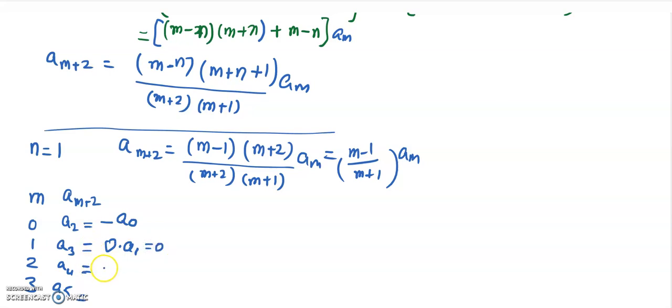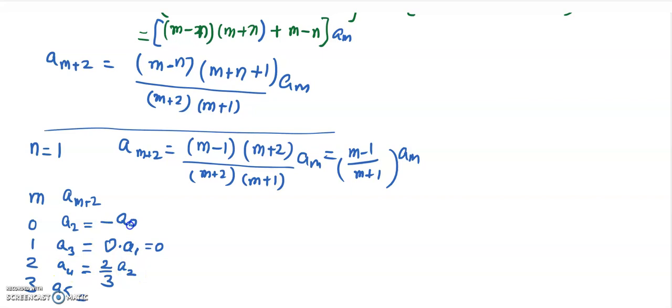a4 will be, sorry, this is a4 will mean that m is equal to 2, so 2 minus 1 is 1, 2 over 3, in this case it will be a2.